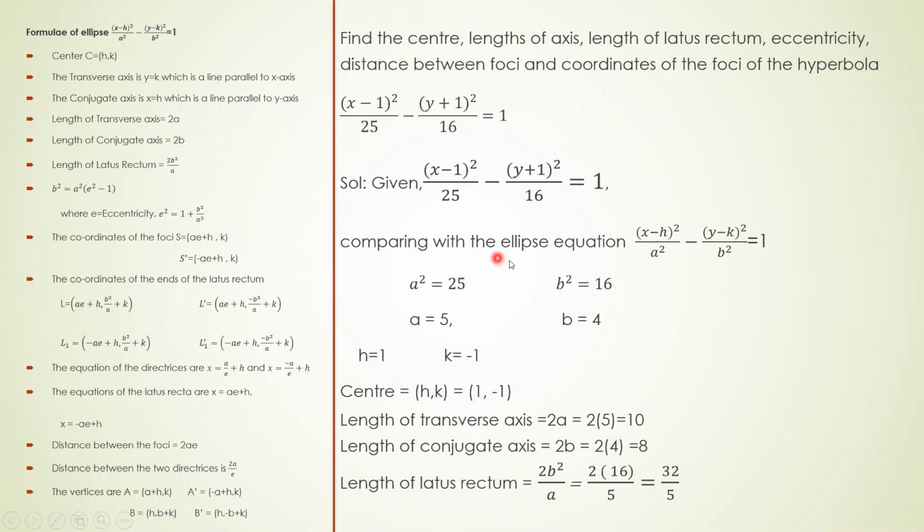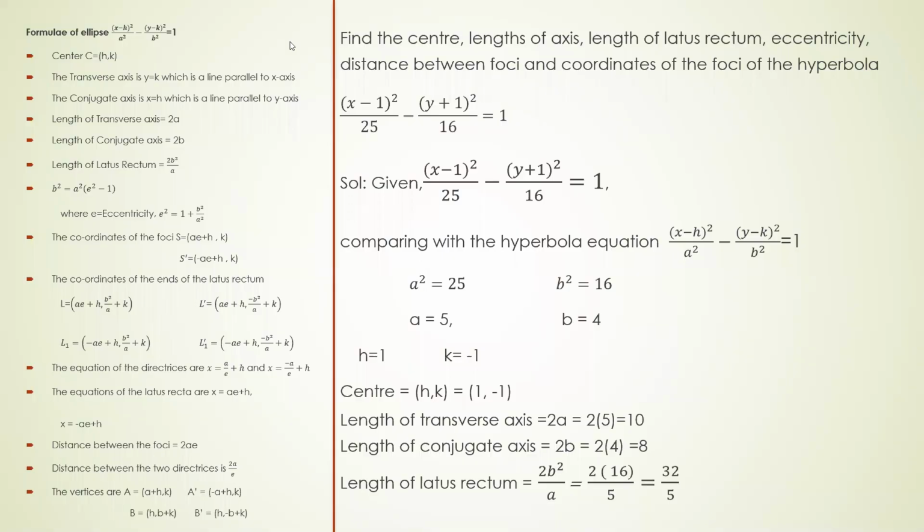Now comparing with the hyperbola equation, x minus h whole square divided by a square minus y minus k whole square divided by b square is equal to 1. If the center is not at the origin, if it is at h comma k, this will be the hyperbola equation.